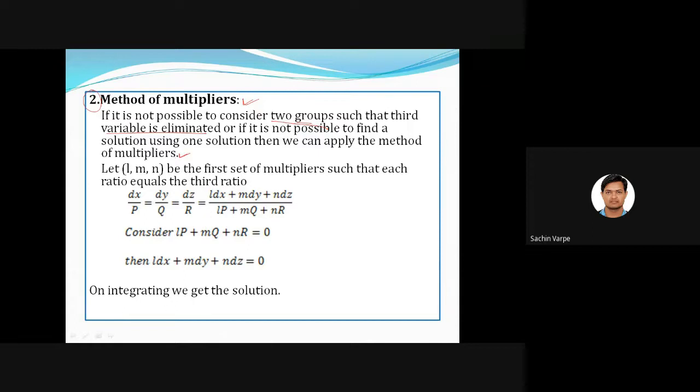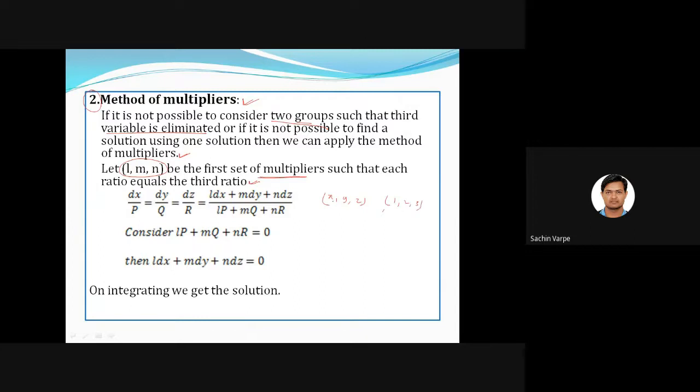What it says: let l, m, n be the first set of multipliers such that each ratio is equal to the fourth ratio. Now what is this l, m, n? They can be constants, they can be variables, or a combination of constants and variables like x, y, z, or 1, 2, 3, whatever.